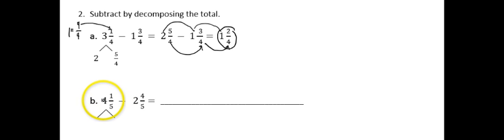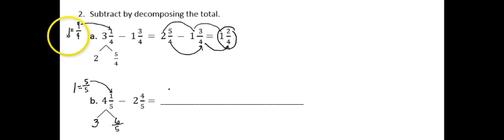I'm going to take 1 whole off of the 4. That will leave 3. I'm going to convert my 1 whole into 5/5 since we're working with fifths in the problem. I'll combine those 5/5 with the 1/5 I already have. That gives me a total of 6/5. So 3 6/5 is the same as 4 1/5.